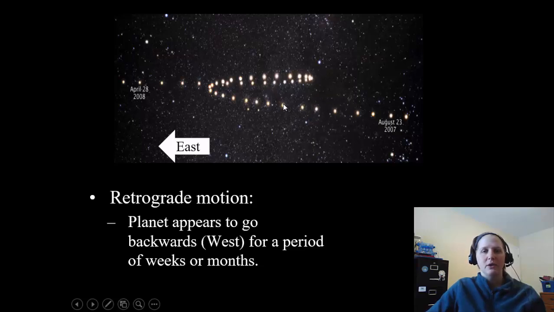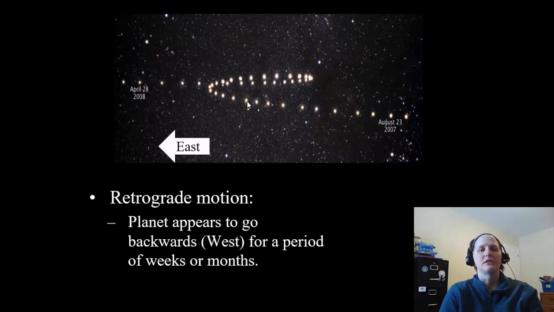It's orbiting the Sun, we're orbiting the Sun. And so you see Mars move across the stars. Generally Mars, Jupiter, Saturn, they will appear to move east across the stars. So we started on the right of the image and we're moving to the left.